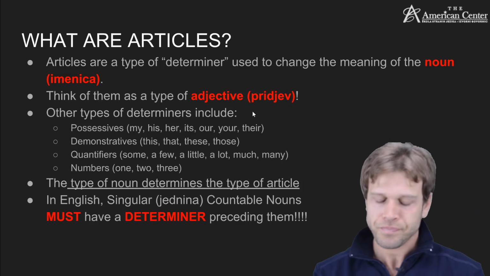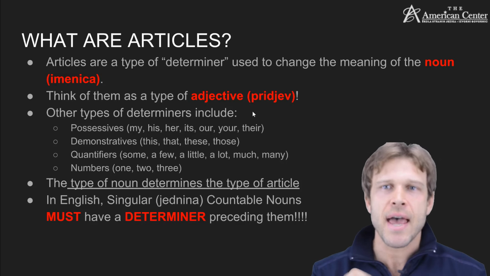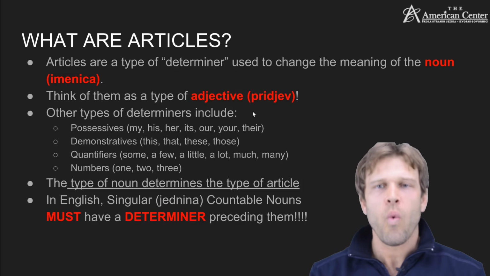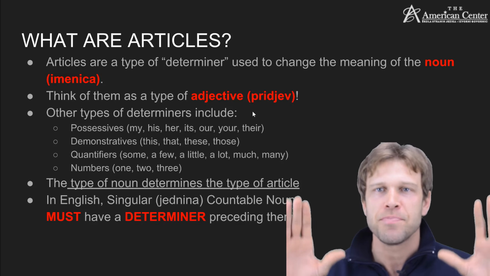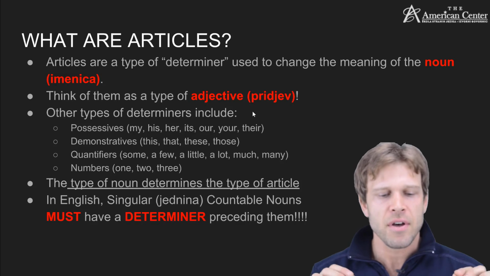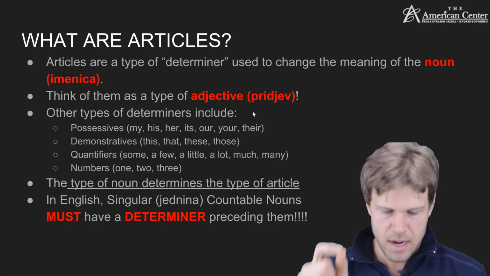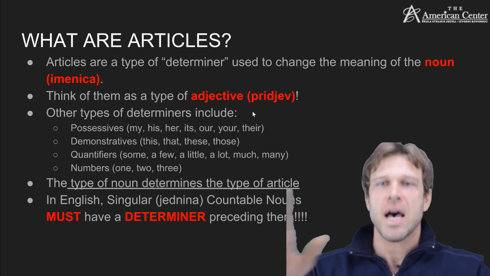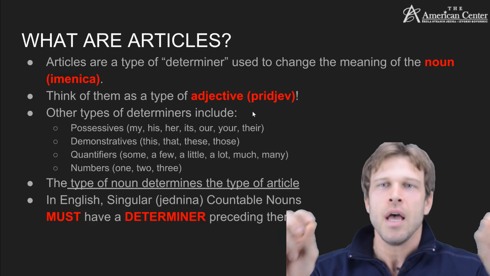Okay, so now, that being said, this is one of the biggest mistakes we hear Croatians make, okay? The last bullet in English: the singular countable noun must, and you're okay to say must here, you must trust me, okay?